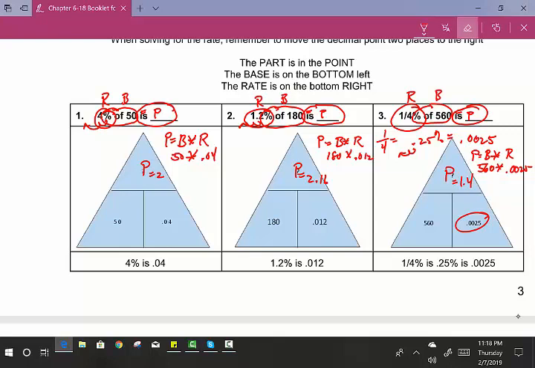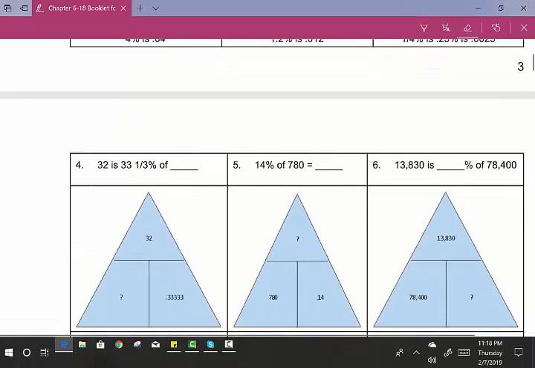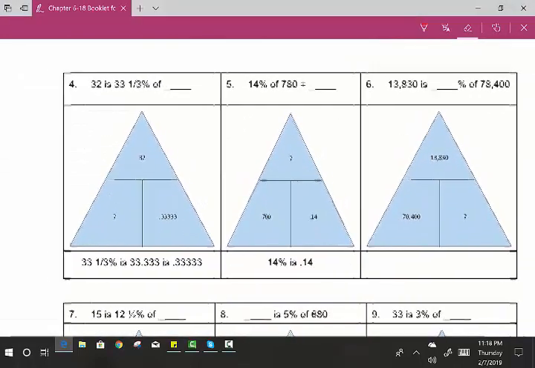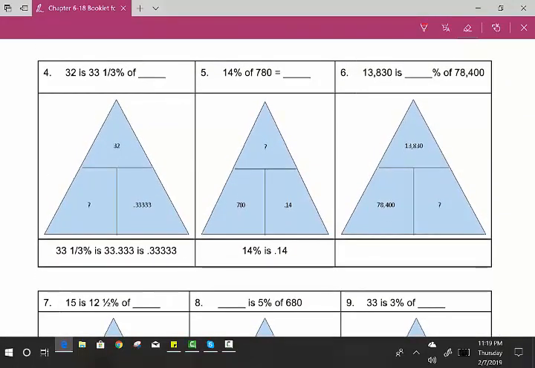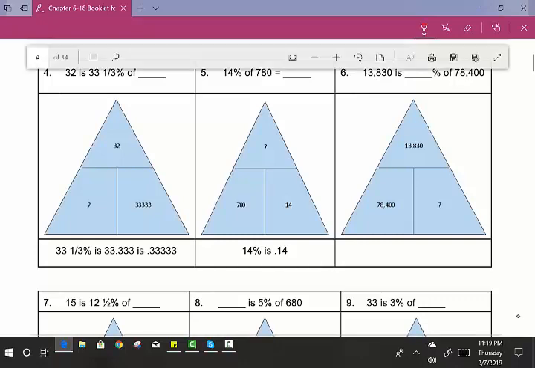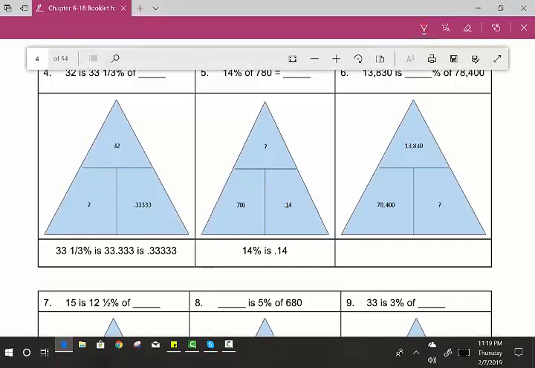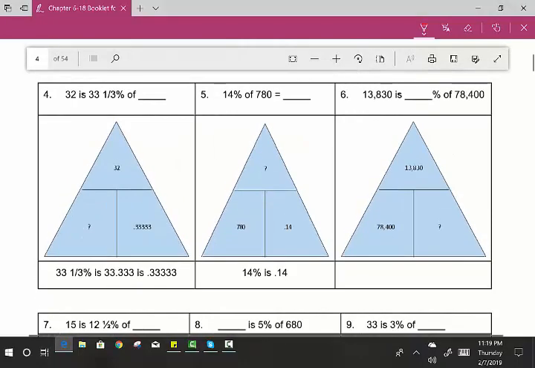Okay, now let's go ahead and move to the next section. And we have 32 is 33 1/3% of some number. Okay, so it's easiest to identify the rate because of the percent sign.